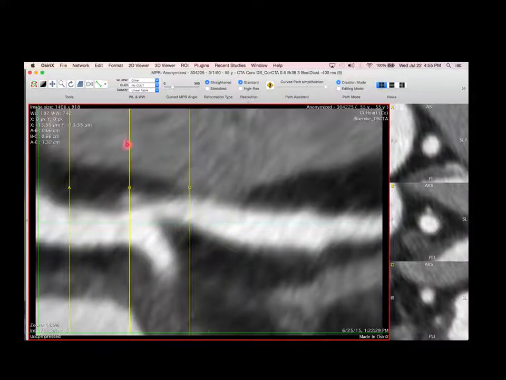We cut this axially on this plane, and you can see here's the lumen. That's where the contrast is of the blood, and then there's this dot out here. All right, anyone know what that dot is? That's called coronary calcium. It is the harbinger, the marker of where there has been injury to the vessel and then repair.